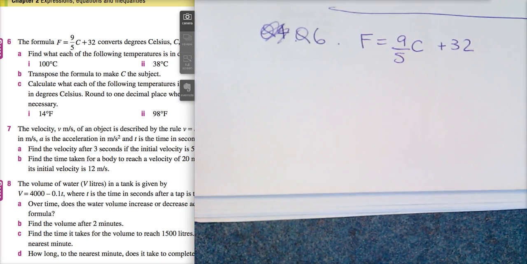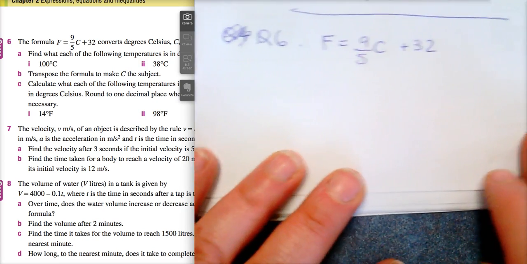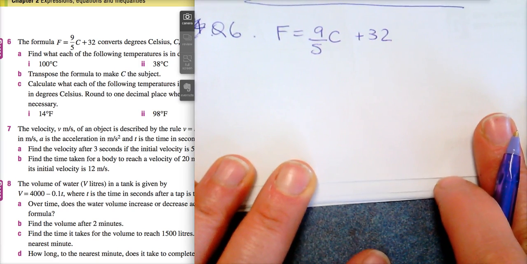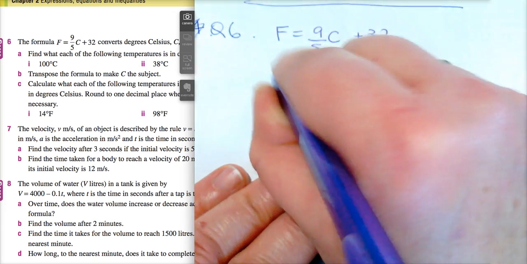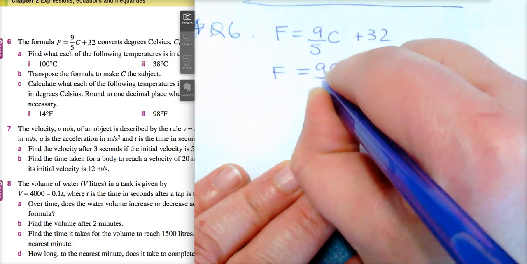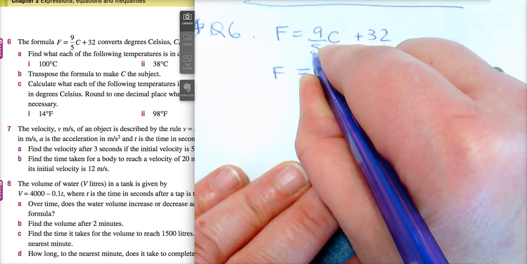Where is that C, on the numerator or the denominator? It's on the numerator. Otherwise it would be 1 on C. That C is on the numerator. The 5 is the only thing here on the denominator.